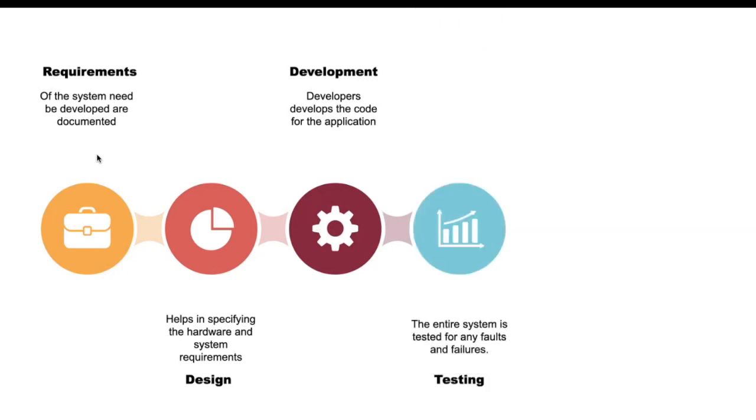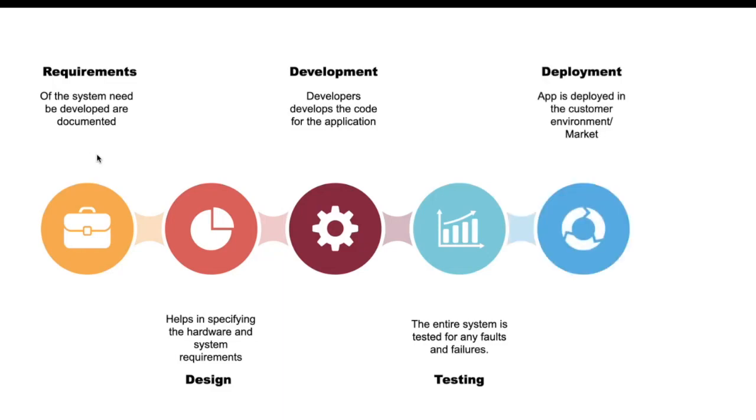The next stage is testing, where the entire system is tested for any faults and failures. Next is deployment. Once the testing is completed, the software will be deployed into the customer environment or released to the market.